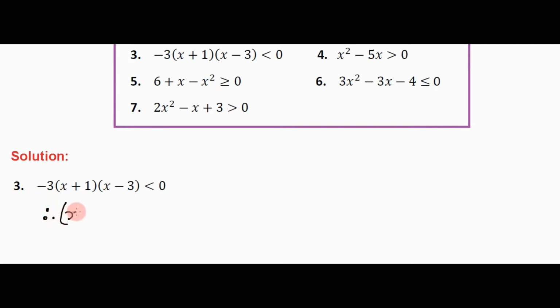So then (x plus 1) times (x minus 3) will be, and when we divide through by a negative number in an inequality, the sign will switch around. So it will be greater than 0.